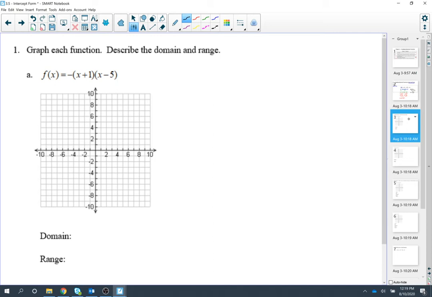Now, we can skip a couple steps here, but really what we're doing is we're going to say, okay, my y value for my x-intercepts is going to be 0. So 0 equals negative x plus 1 times x minus 5. Then I would get rid of my negative by dividing both sides by negative. So 0 equals x plus 1 times x minus 5.